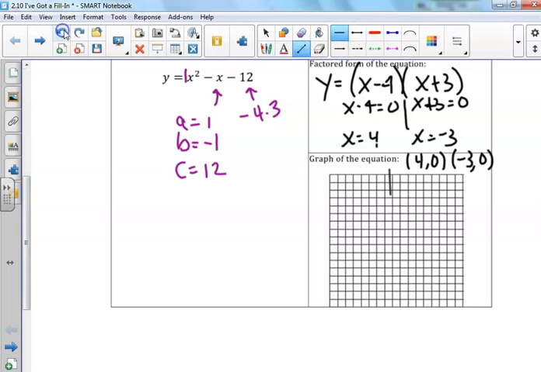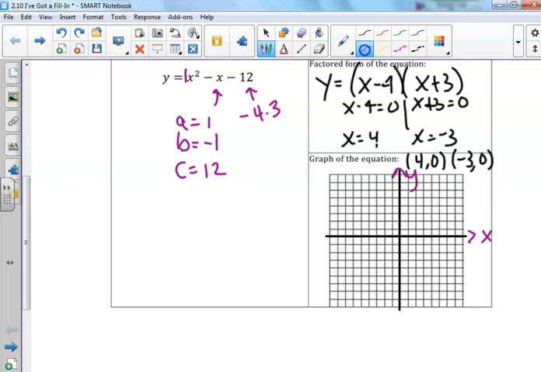So let's first make sure that we can graph our x and our y axes, like so. And then we'll fill in where our x-intercepts will be on our grid. So our two points are 4, 0 and -3, 0.